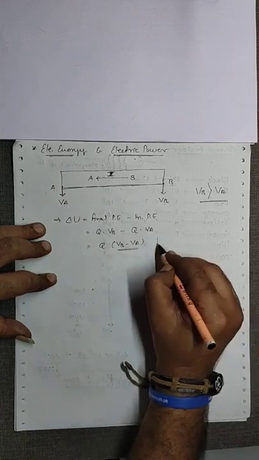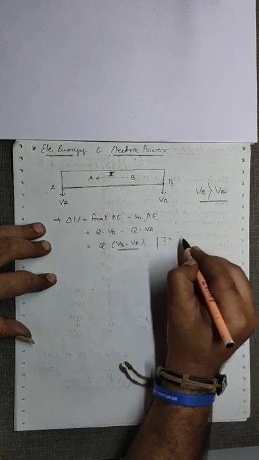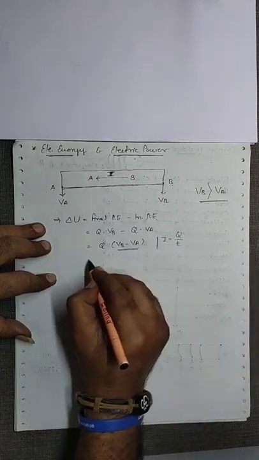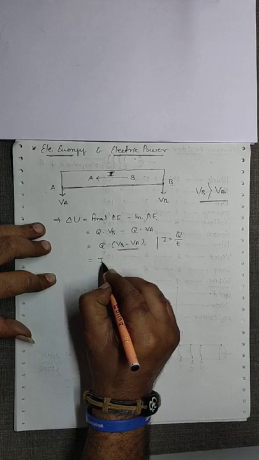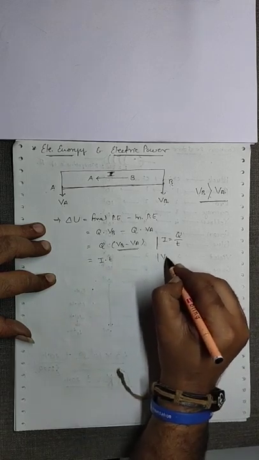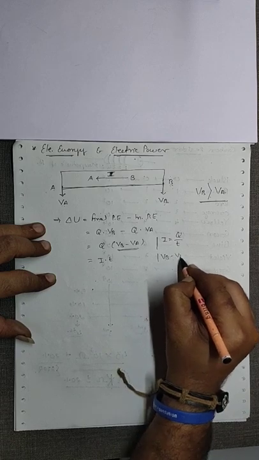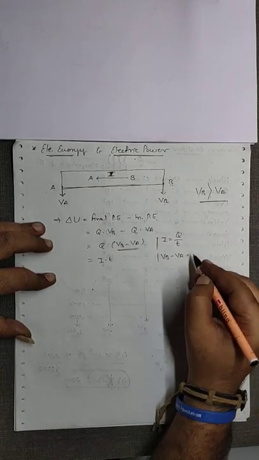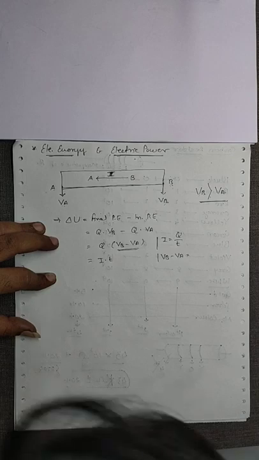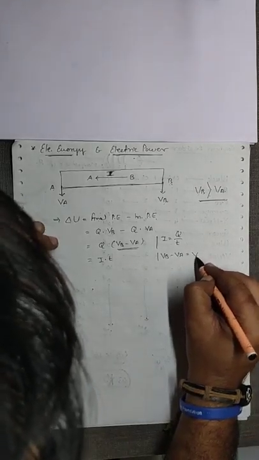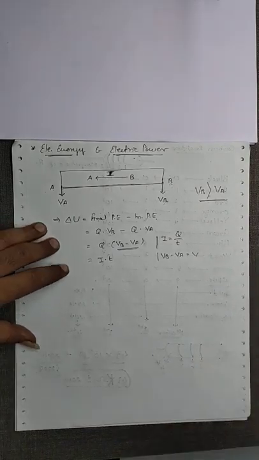What is Q? From the definition of electric current, I is equal to Q by T. From that, make Q the subject: Q is equal to I multiply by T. And VB minus VA is equal to, what is this? It is electric potential, that is V. Okay?